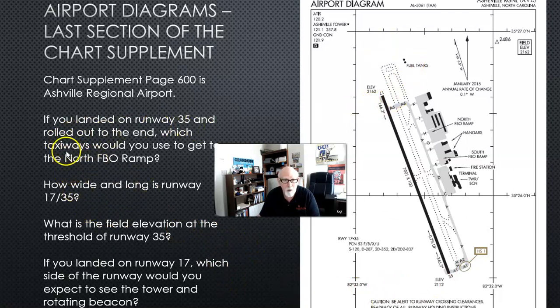Okay, if you landed at runway 35 and rolled out to the end, which runway or taxiways would you use to get to the north ramp? It gives you information on how wide. Just answer these questions, and that will give you an idea of what these airport diagrams are about.